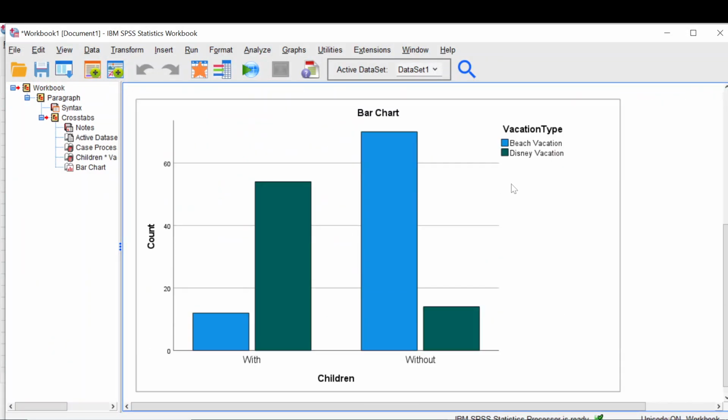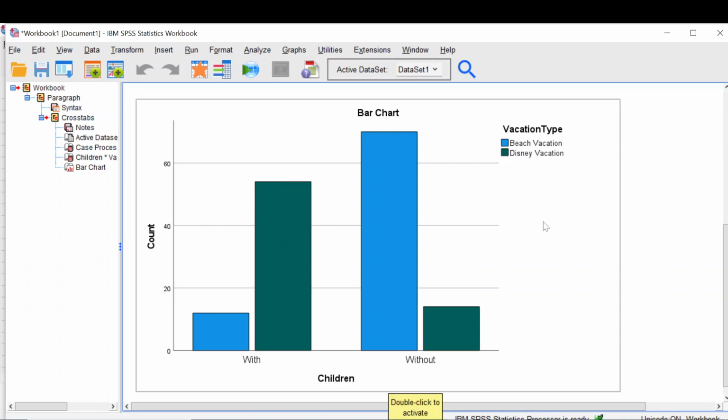and we scroll down here, you can see that it's saying of those with children, maybe 12 or 20 took a beach vacation, and maybe 52 or so took a Disney vacation, right?